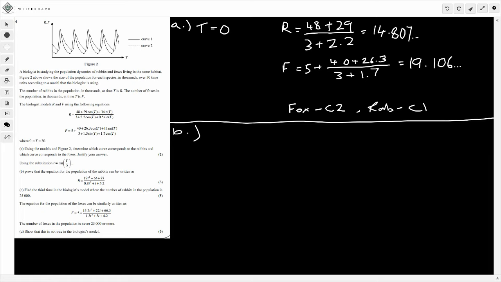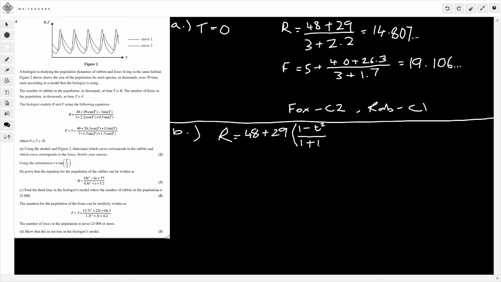So this is this equation here, so r is going to be equal to 48 plus 29. Remember, for the t with cos, that's going to be 1 minus t squared as the numerator, 1 minus t squared divided by 1 plus t squared.